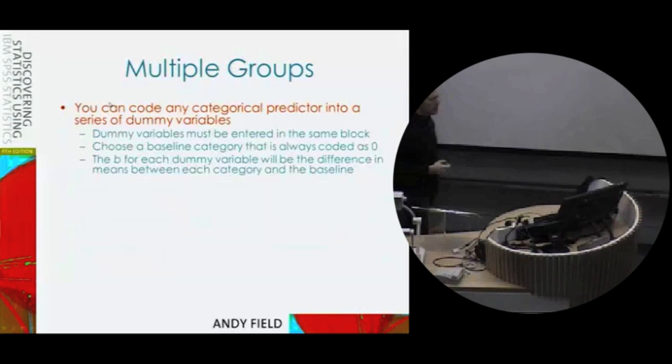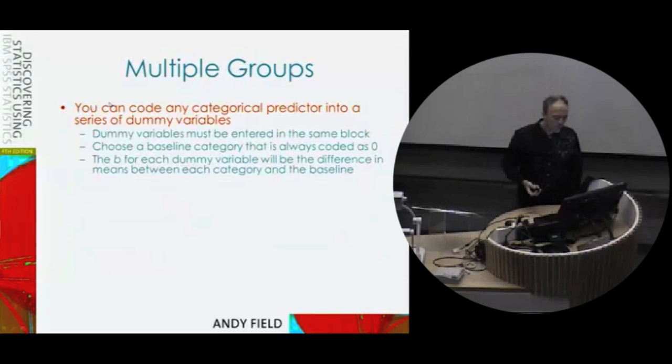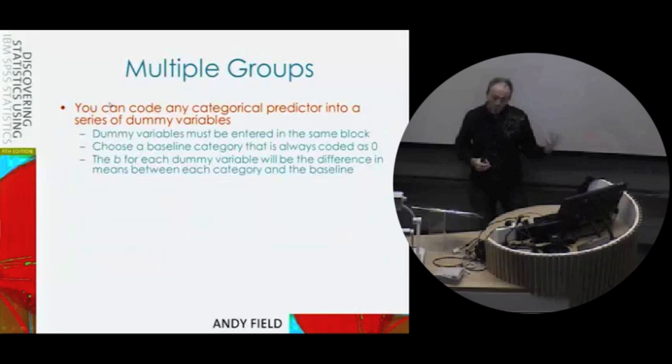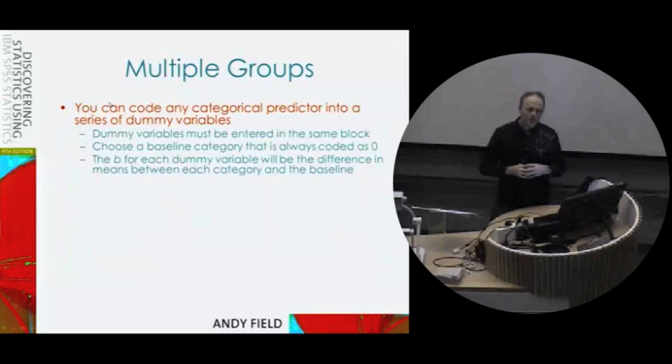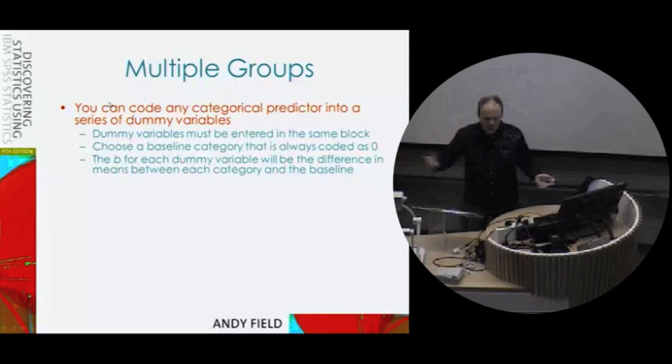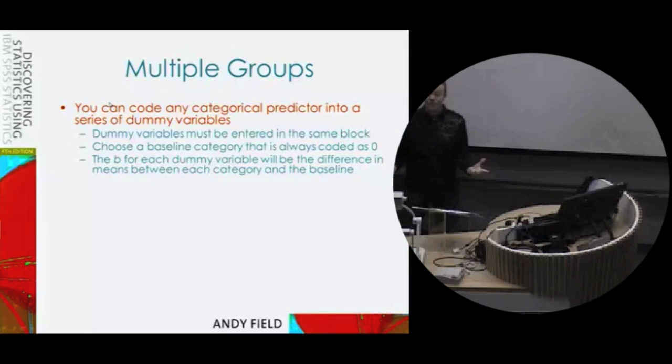If you want to fit a linear model with multiple groups, we touched on this a bit last week. There's a very important distinction here between what you actually do in SPSS and what I'm going to talk about here. In SPSS, you go to the ANOVA menu and you run an ANOVA. You don't go to the regression menu and run it through that.